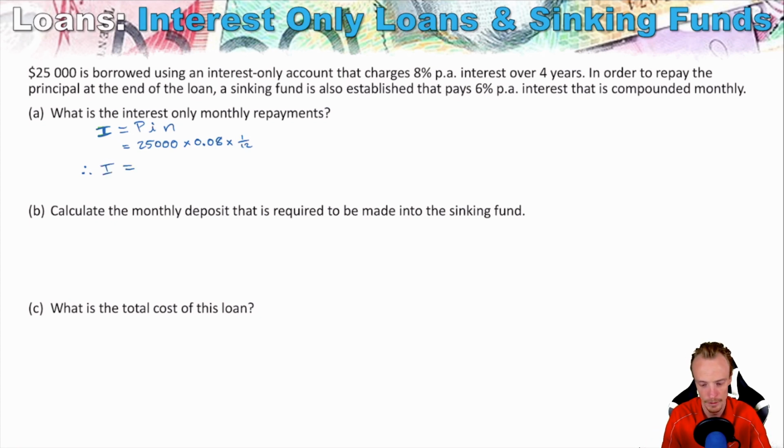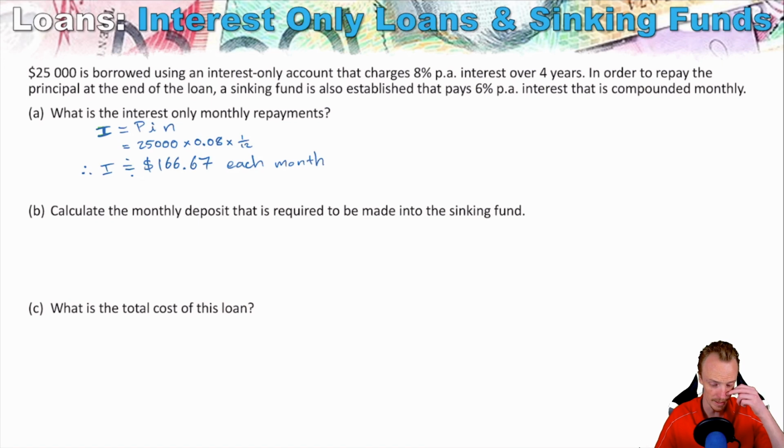That's a real upside to this: calculating the interest itself is a really nice quick calculation for us. 0.08 by 1/12, which we can see here has an interest of approximately $166.67 each month, or monthly, you could have said.